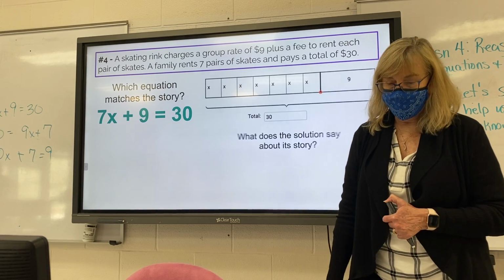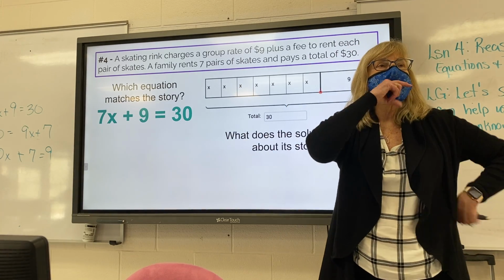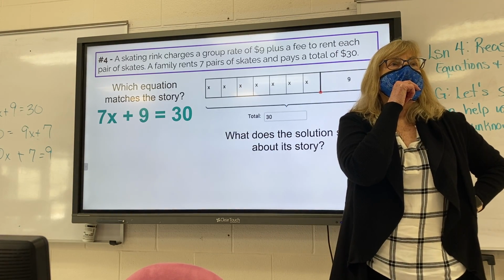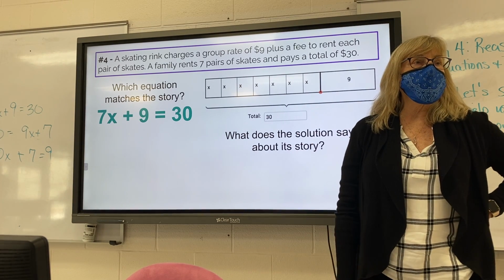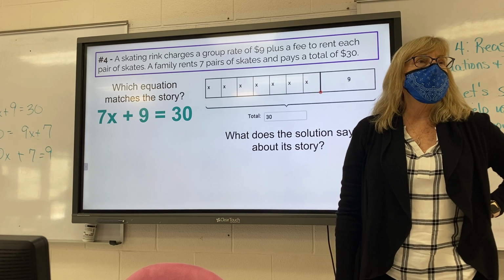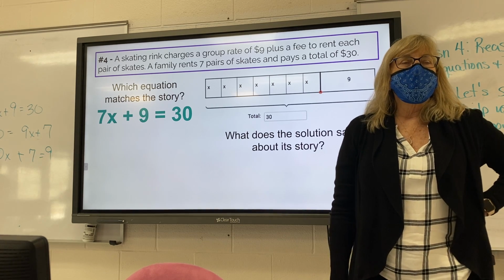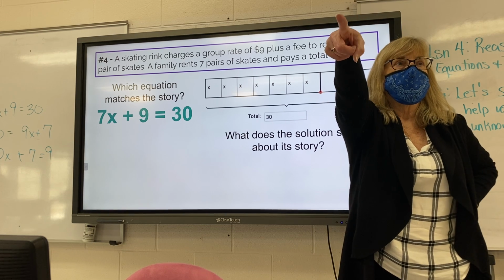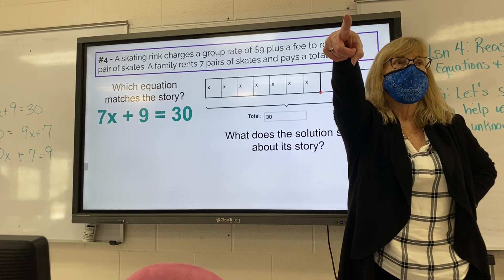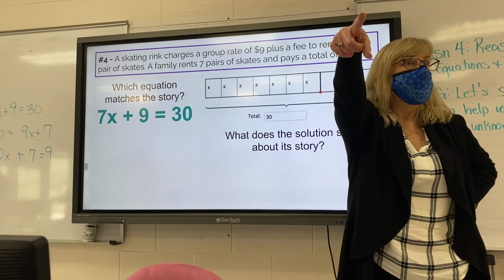So what does that mean in terms of this story, DeLeon? If x equals 3, what does that mean in terms of this story? What did Haley tell you x stood for? Tell him. How much money? How much money for what?